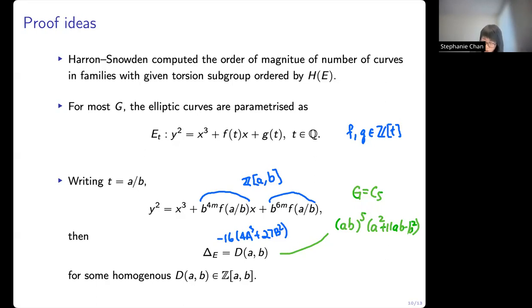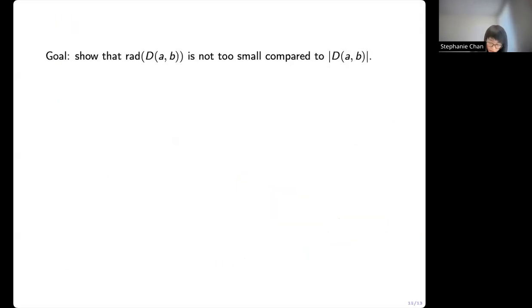So the goal is to show that any of these irreducible factors or square-free factors are as expected. What should really happen here, I should be saying, is that the radical of a square-free factor of D is not too small compared to itself.